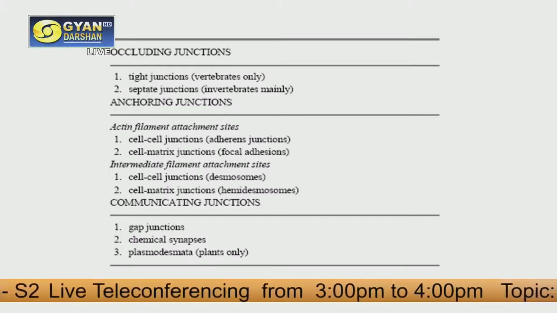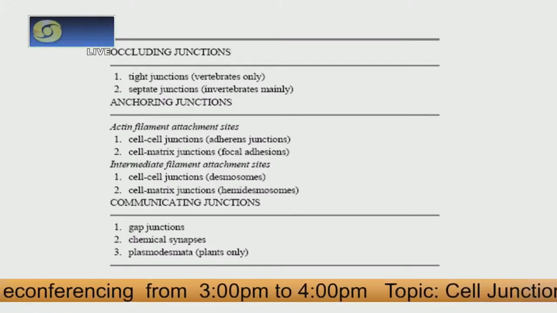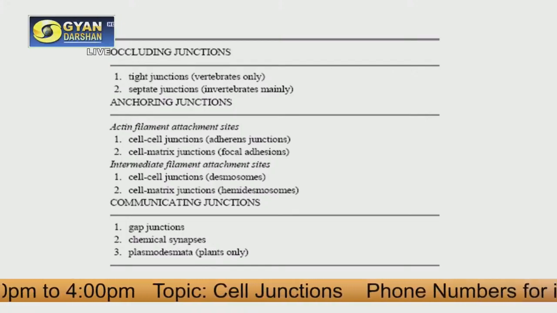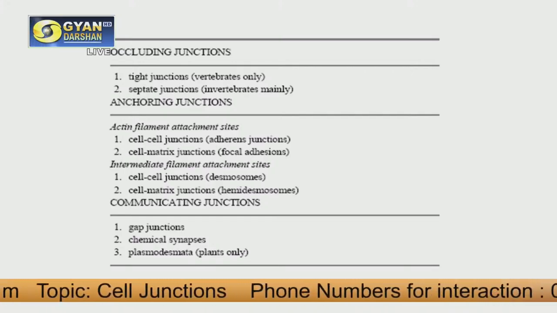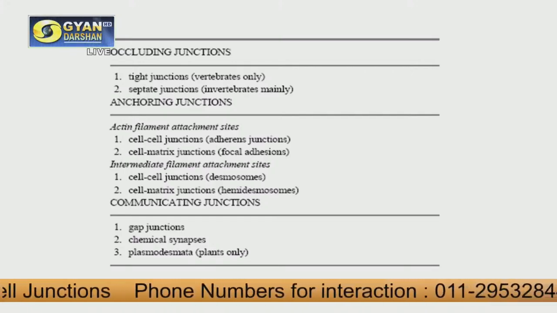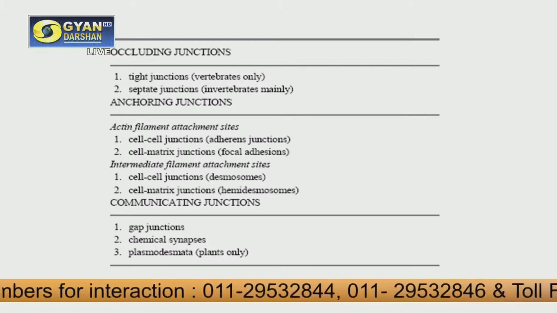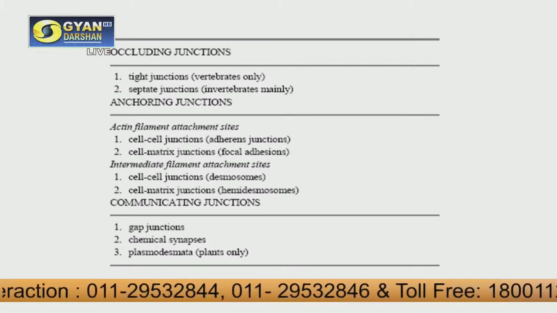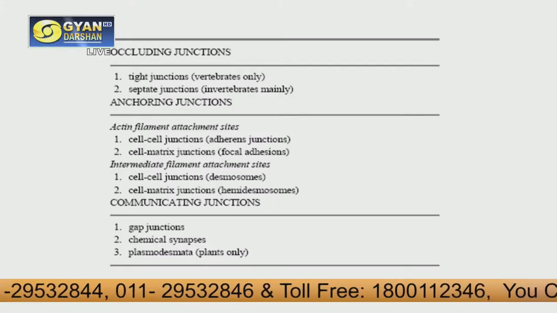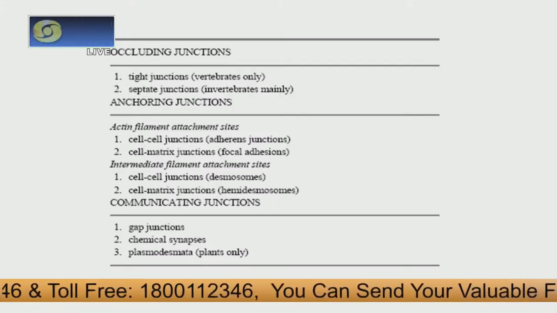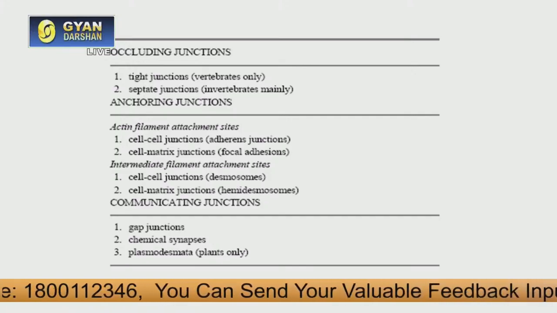And finally, the communicating junction, that we call gap junction, and in case of plants we call it plasmodesmata. So those are included under the communicating junctions. So now we will take each of these junctions one by one, and we will try to see what are the different structural components which actually make up these kinds of junctions.